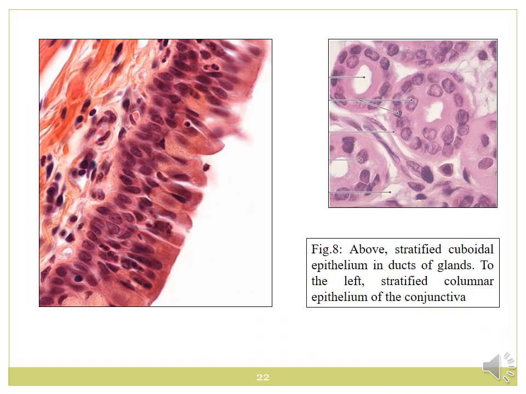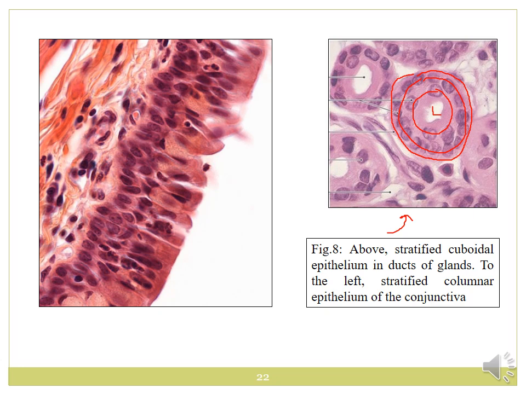So here in this image, we have the large excretory ducts. So this is a duct. This is the lumen. This is a cross-section through the duct. Here we have the first layer of cells, and here we have another layer of cells, which means we have two layers of cells.